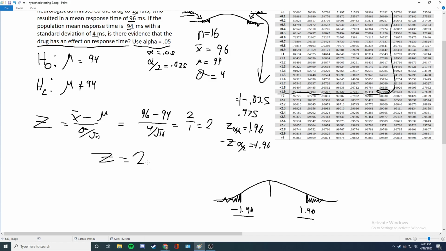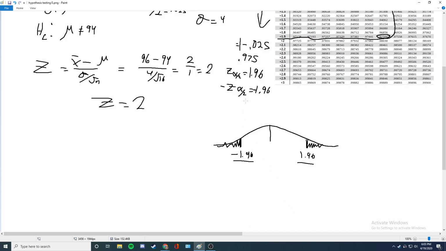Now remember, we're going to take that and compare it with the z alpha divided by 2's that we have here. So this one is z alpha divided by 2, this one's negative z alpha divided by 2. And now remember, in order to reject, we need our z to be either greater than z alpha divided by 2, or we need our z to be less than the negative z alpha divided by 2.